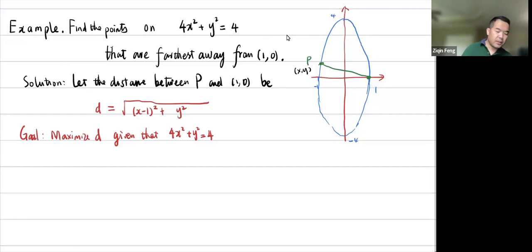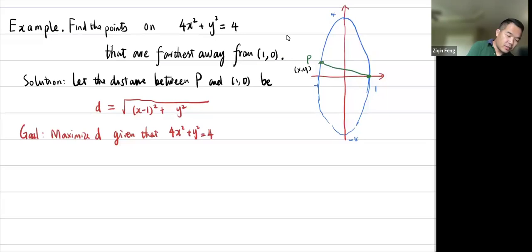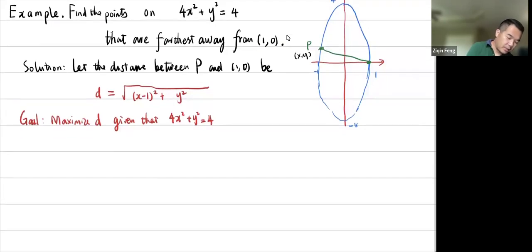Right? Because it's a square root function, there's not much difference between the square root or without square root, right? So we just use a new function without the square root.